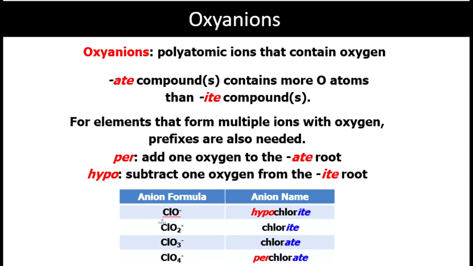Always for the minimum number of oxygen, 1 oxygen, we call that hypo. The maximum number of oxygen here is per. First 2 ones ITE, last 2 ones ATE.